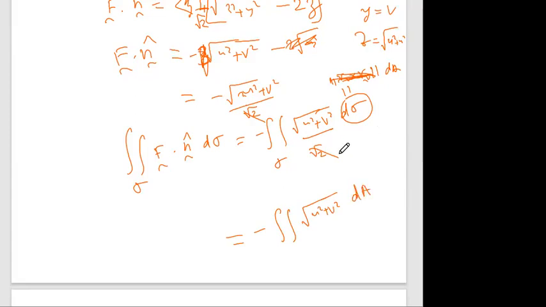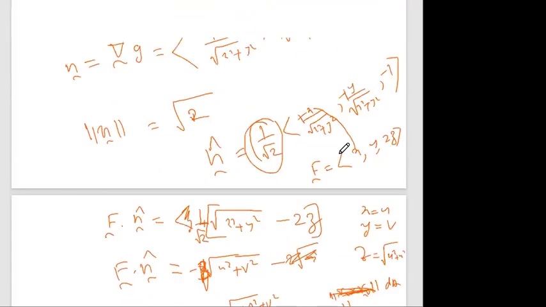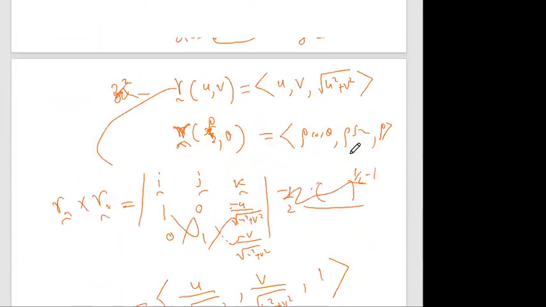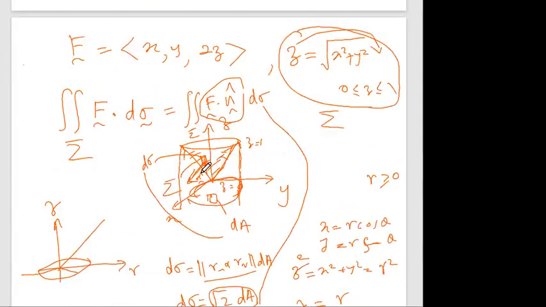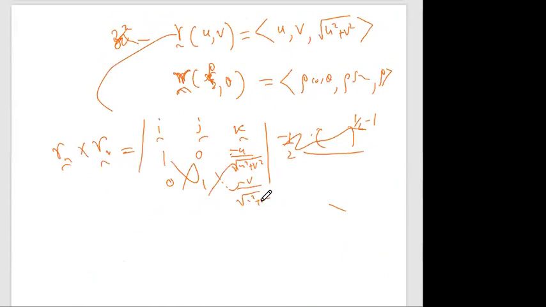So dA. Because look, the projection is circular, you can write in polar coordinates.